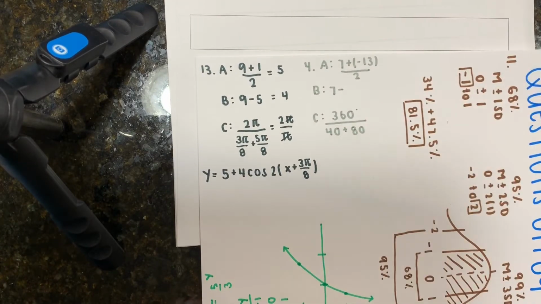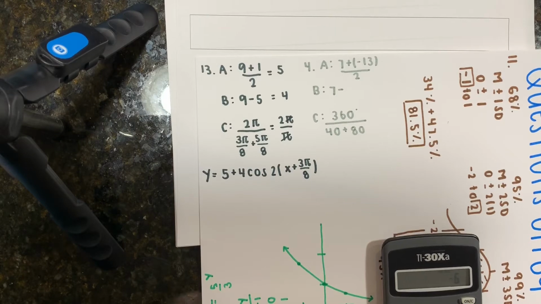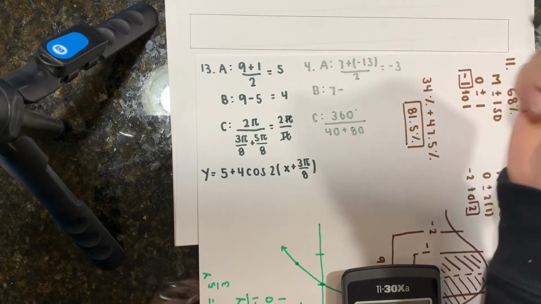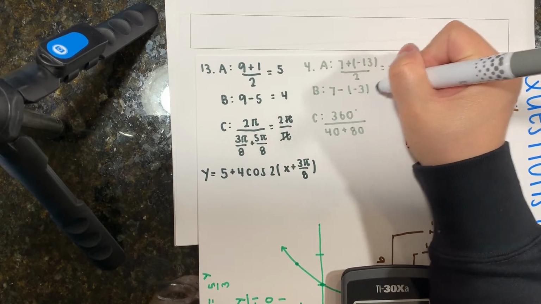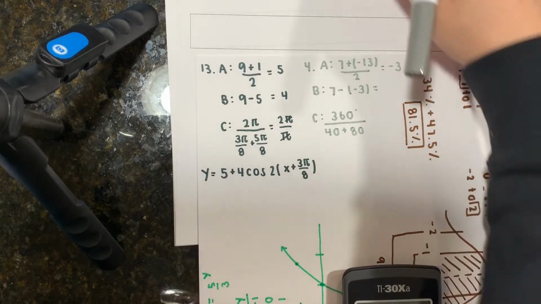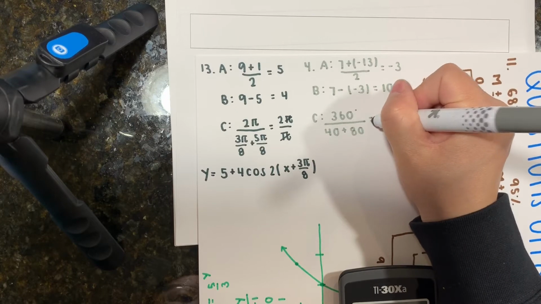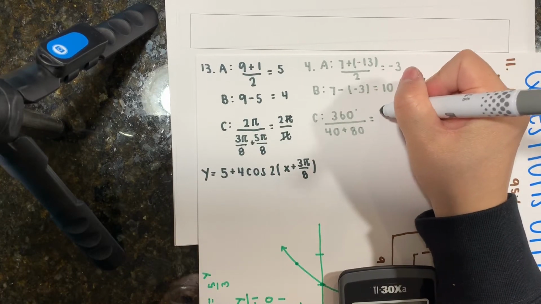So now from the beginning, I have 7 minus 13, and then dividing that by 2 would give me negative 3, which is my A. My B is going to be 7 minus whatever I got for A, which would be 7 minus negative 3. That would give me 10. And then for my coefficient C, 360 would be divided by 120.